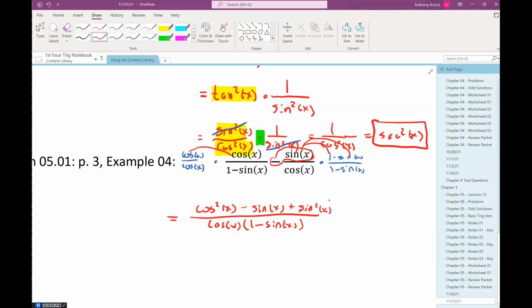Everybody agree with that? So at some point, if I'm going to do some reducing, I'd have to factor that denominator. Why would I multiply it out to get it out of a factored form? I wouldn't. I'm just going to leave it in a factored form. Is that okay? The numerator, we have to do the subtraction in there before we can do any factoring, though.